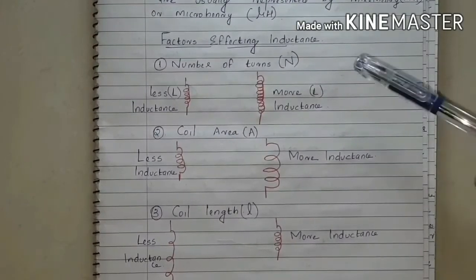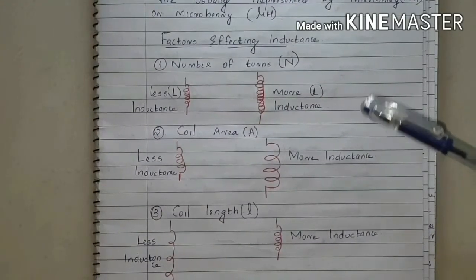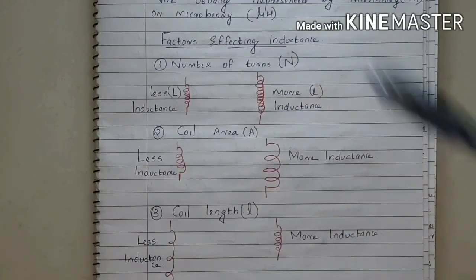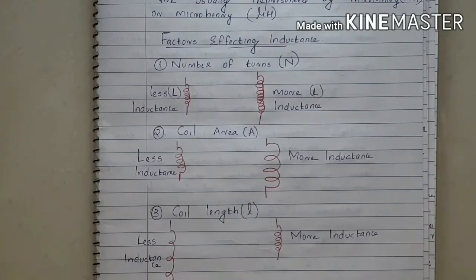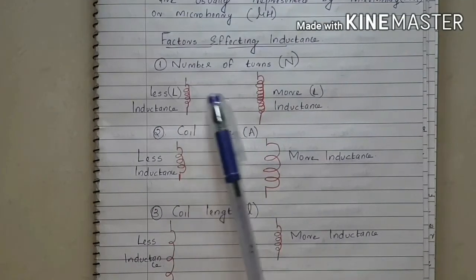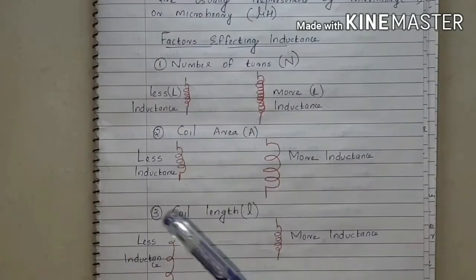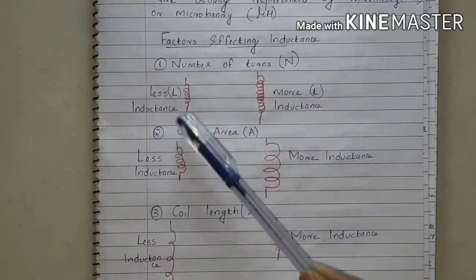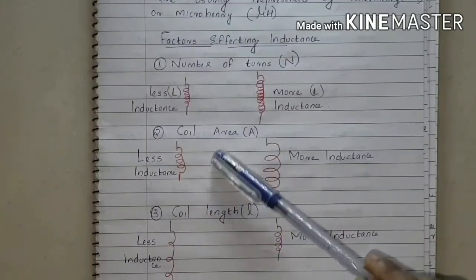There are few factors which affect the inductance value. One is number of turns, which is represented by capital N. If the inductor is having less number of turns, the inductance value is less. That is, L value will be less.